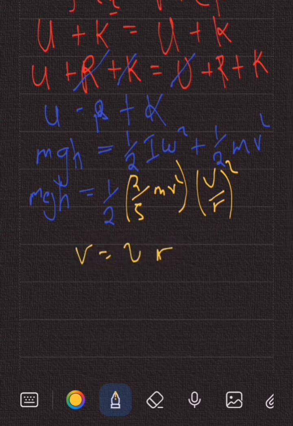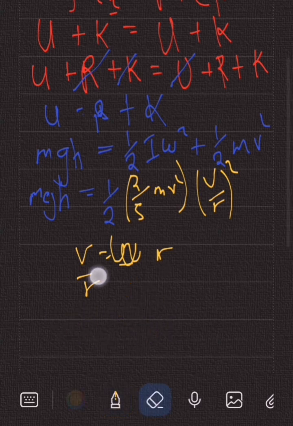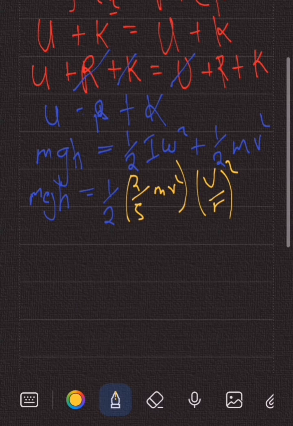Oh, sorry, that's not w, that's omega r. So making omega the subject gives v over r. And the last term is the same one, plus 1 over 2 mv squared.